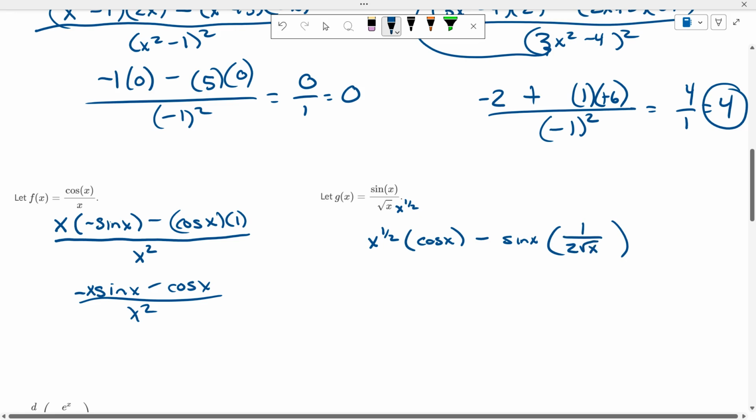You're going to learn that the first derivative of x to the 1/2, or the square root of x, is 1 over 2 square root of x, because you're going to hit that so many times. Okay? Because it's 1/2, x to the negative 1/2, and x to the negative 1/2 puts the square root of x on the bottom. The square root of x squared is just x.